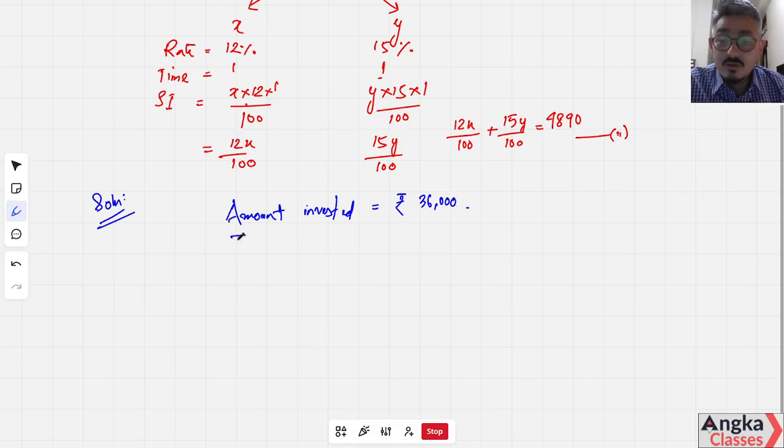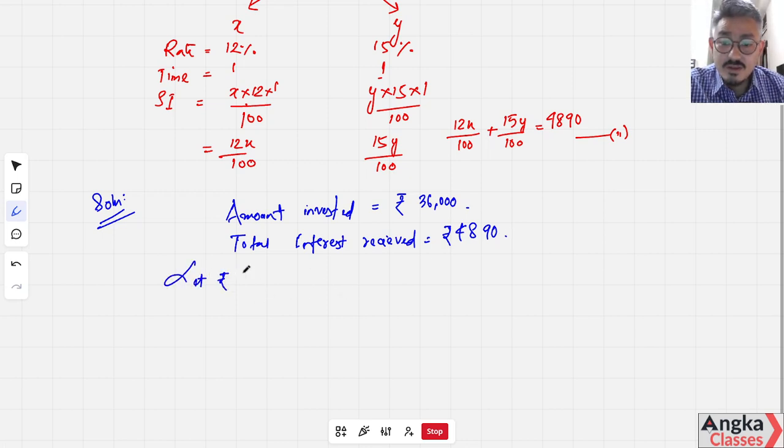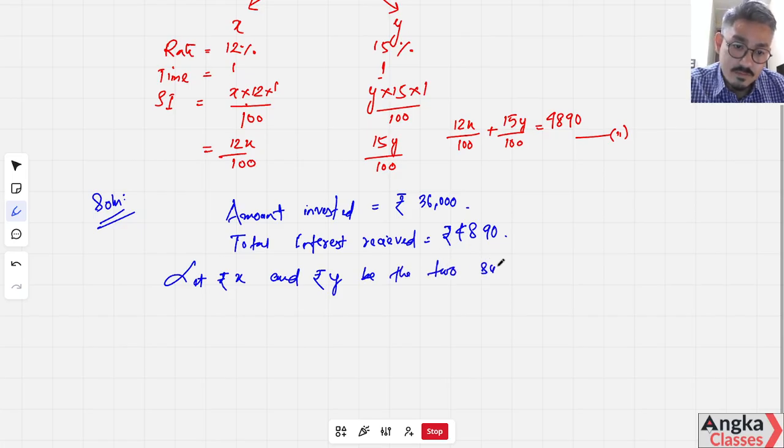The total interest received is again rupees 4,890. Let rupees x and rupees y be the two sums invested.